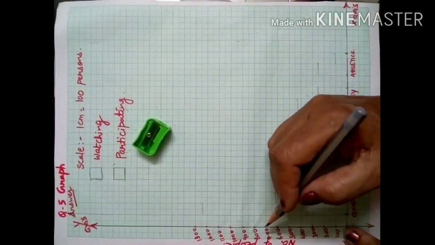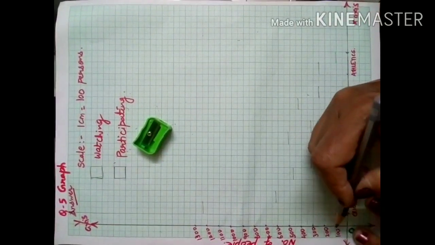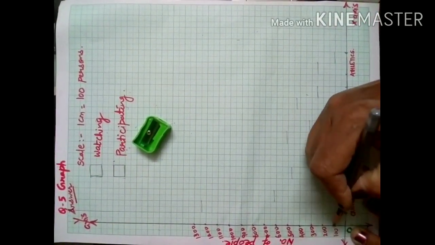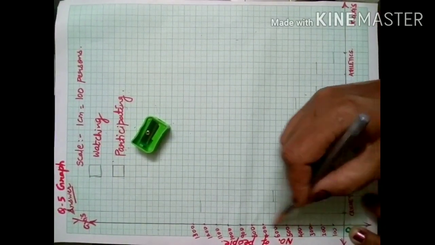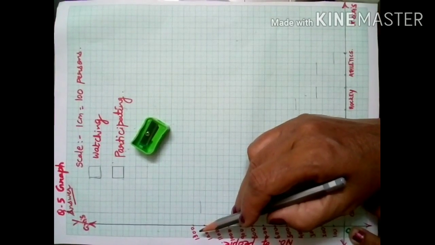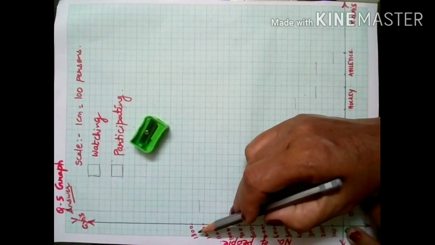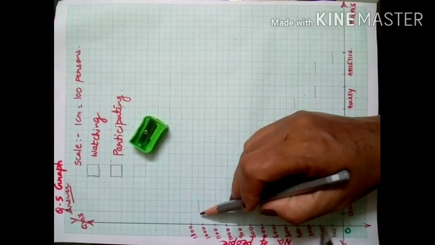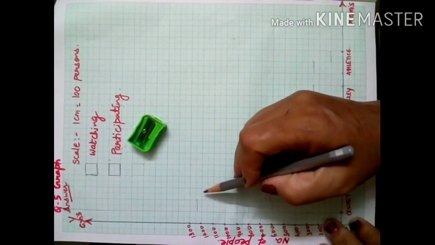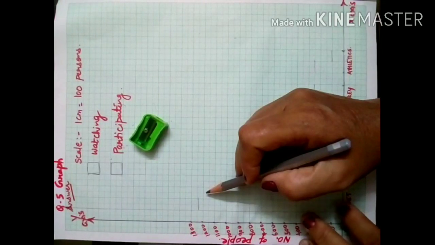Here for number of people, we have to take the scale as 1 centimeter equal to 100 persons. Okay, so take 100, 200 up to 1300 because the maximum number given is 1240. Now let us start to draw. First bar will be for watching people and second bar will be for participating people.